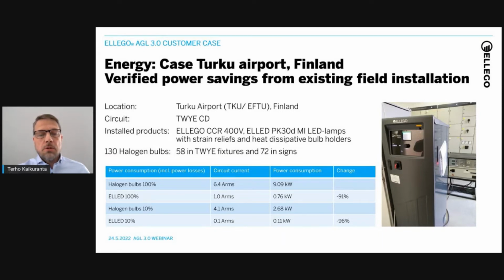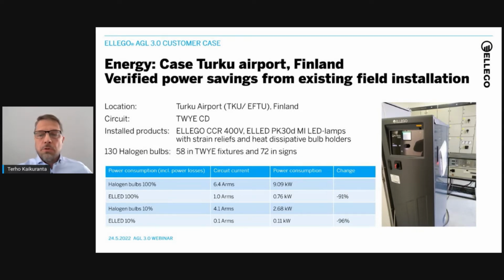And then at the low intensity end, 10%, we had another measurement. There the difference goes from 2.7 kilowatts down to 110 watts. So the achieved saving was 96%. And these are the actual measured savings from a real circuit, a real airport.